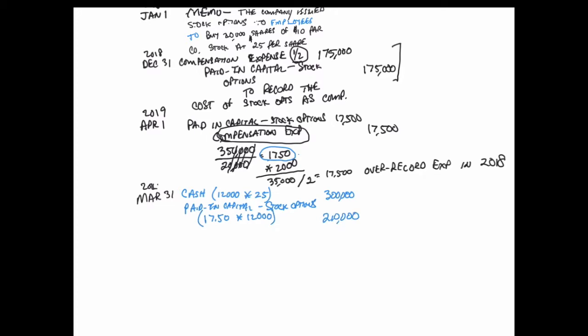Now we're giving them common stock at par, which is $10 par times 12,000, or 120,000. And then we have the additional paid-in capital, common stock, which is going to be the excess: 510,000 minus 120,000 is 390,000.